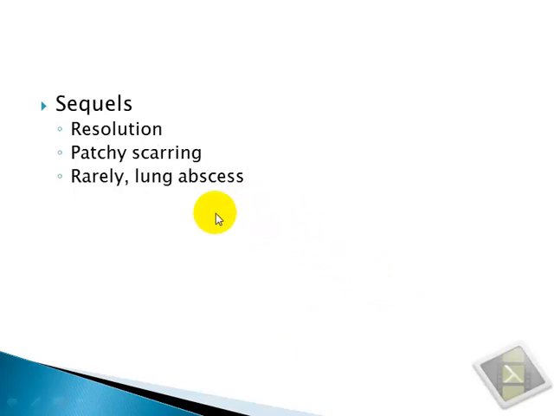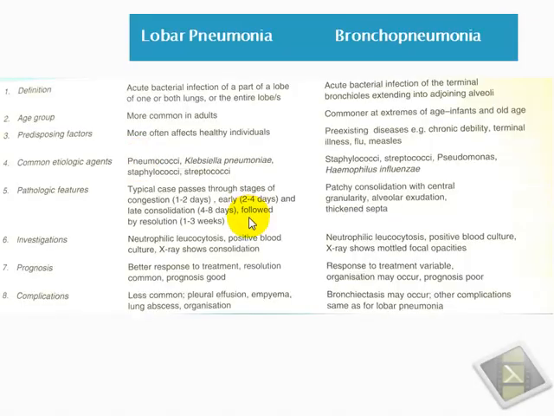The final resolution, the final sequel, can either resolve, they may have patchy scarring, or they may even lead to a lung abscess. This is how you can differentiate between lobar pneumonia and bronchopneumonia. We have a lot of categories under which we can easily differentiate between them. You can go through the list.